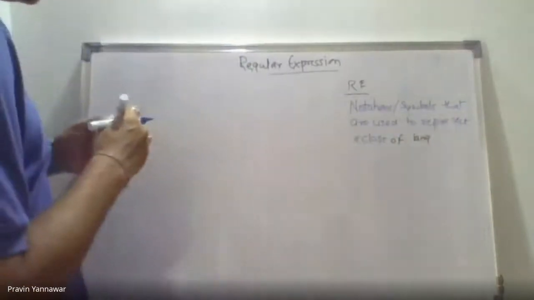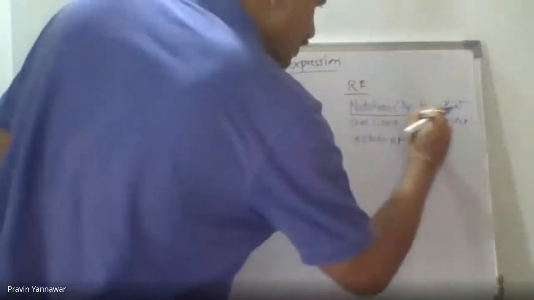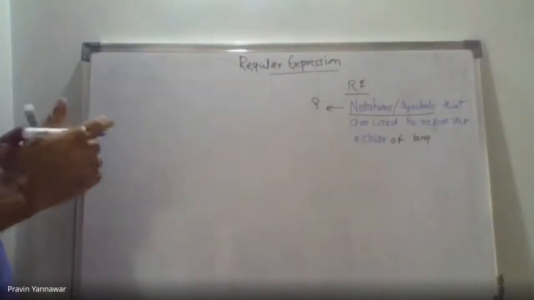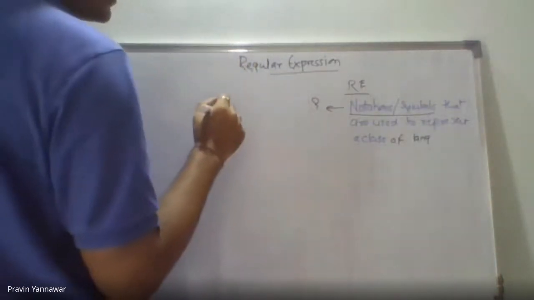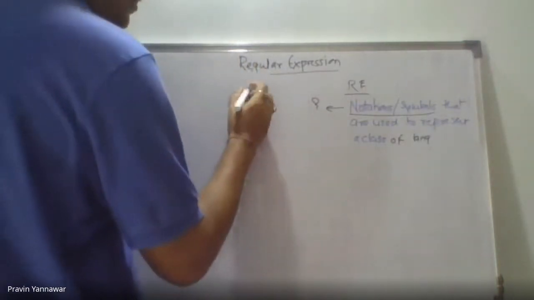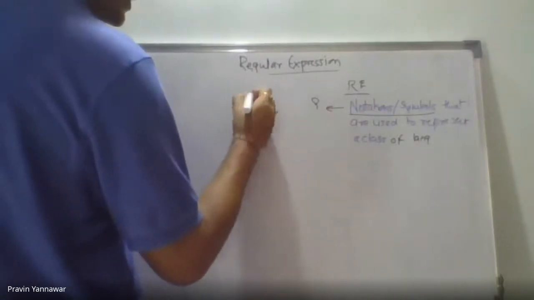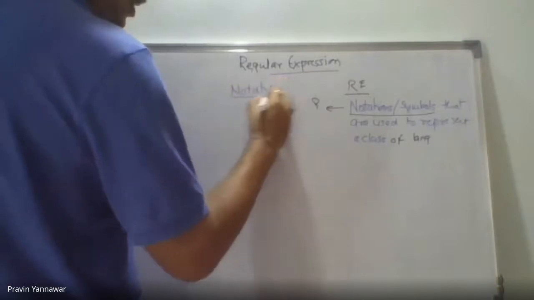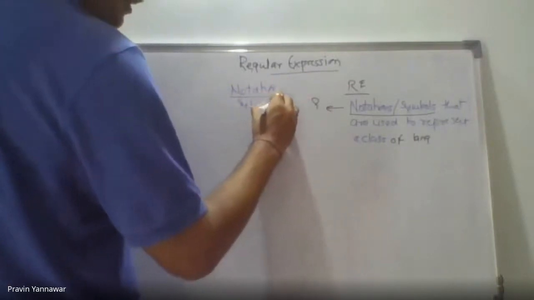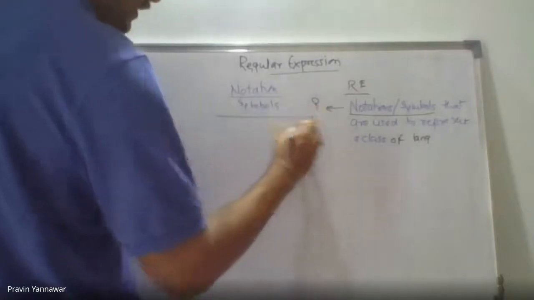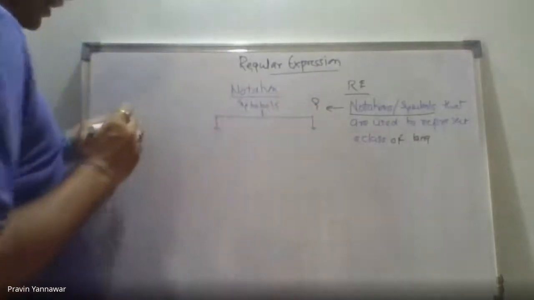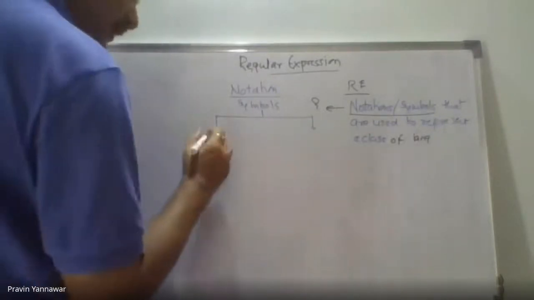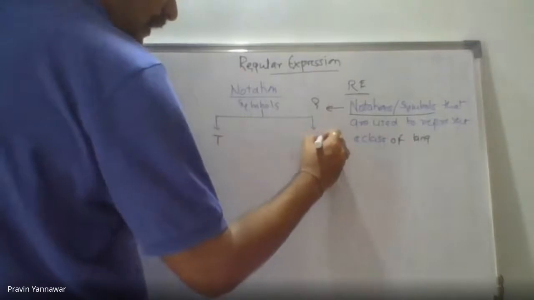So the question is, what are those notations and symbols? There are two kinds of symbols, called T and NT.